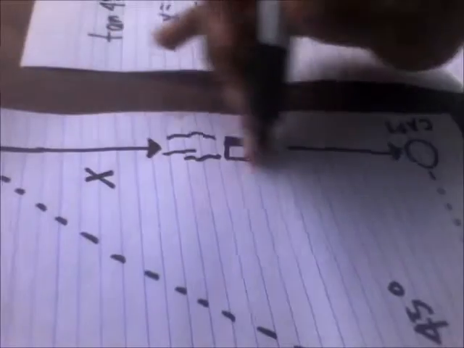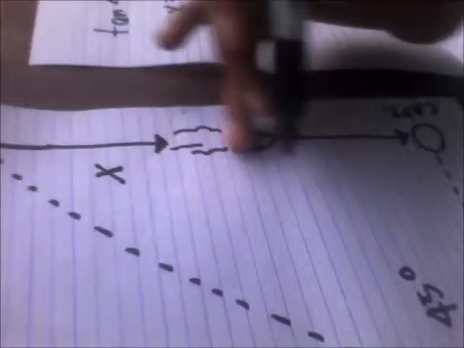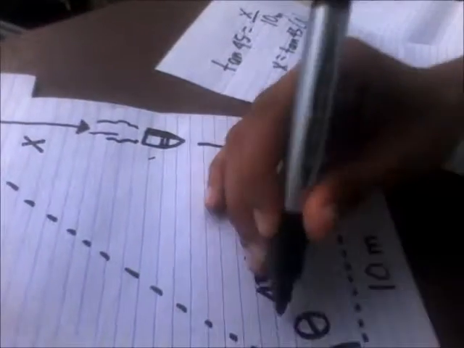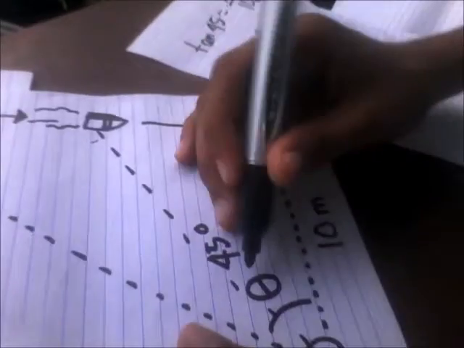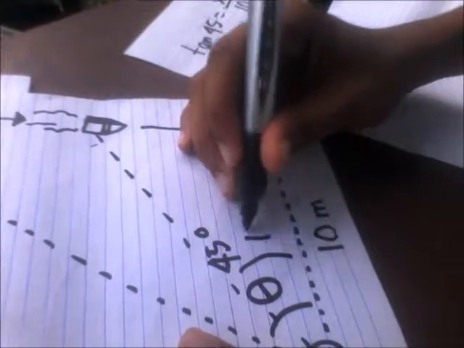Now, if this side changes, because it's a missile, it's going to move towards the captain. If this changes, what would happen? Let's try. Suppose it's in this position, and I have measured 15 degrees. Can we make a function out of this diagram? Well, yes, we can.